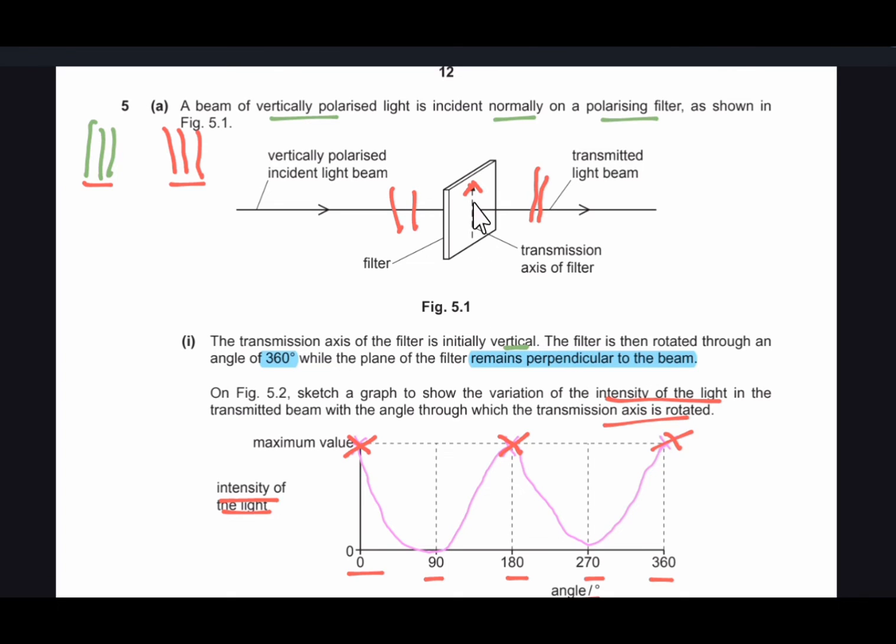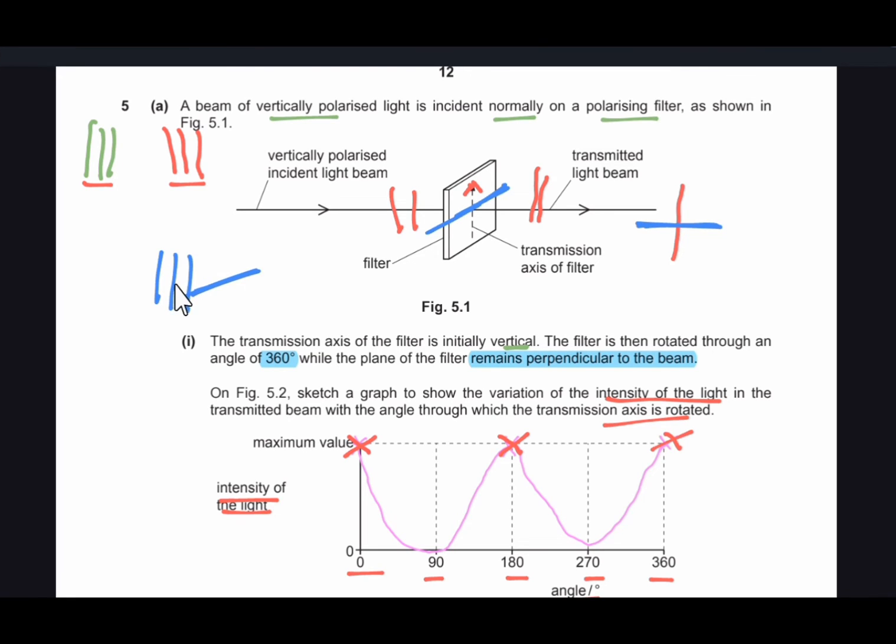But at 90 degrees, since initially it was vertical, after it becomes 90 degrees it becomes like this shape. Suppose at this position the axis is in this direction and the light is passing in this direction.